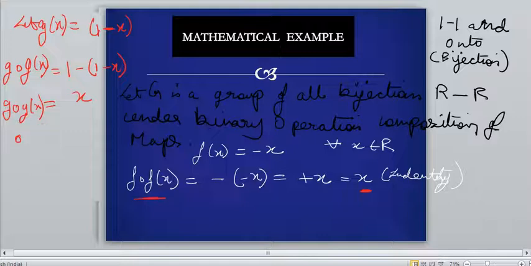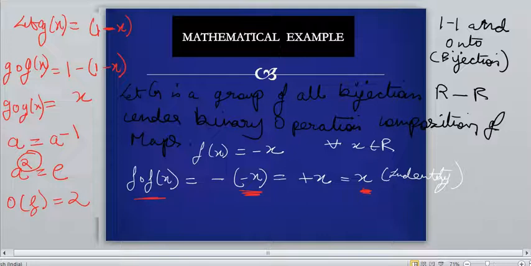When you do f of f, you get the identity element, that means the element is equal to its inverse. So for any element a equal to its inverse, a to the power 2 is equal to the identity. If a squared is the identity, then the order of f is going to be 2.